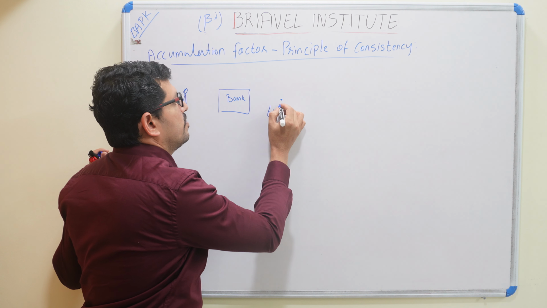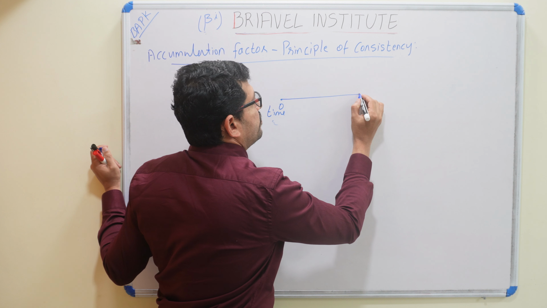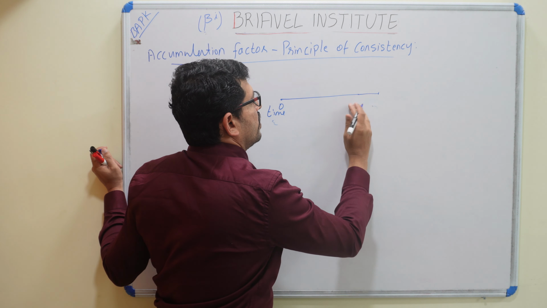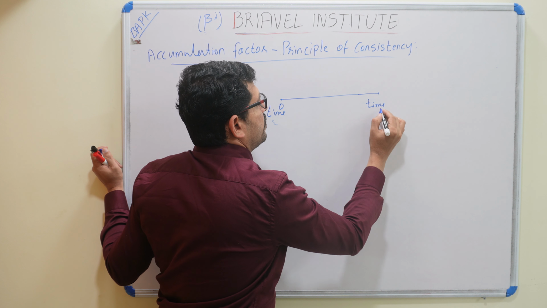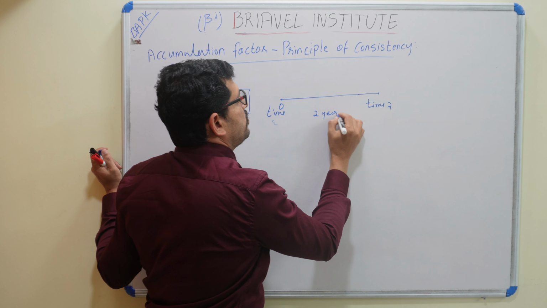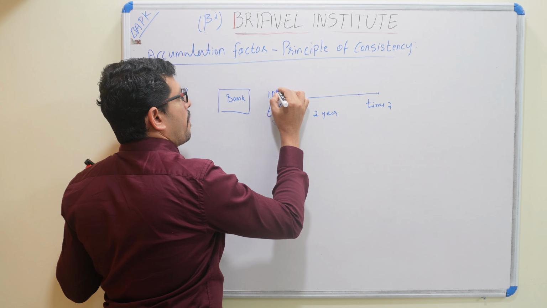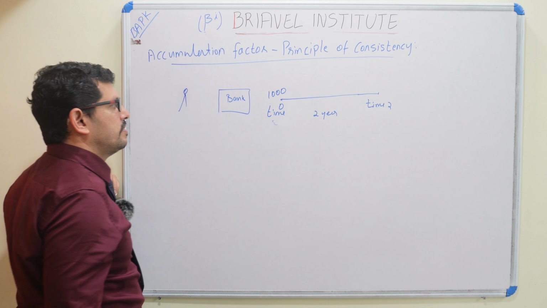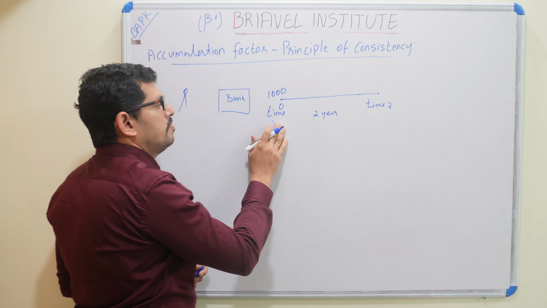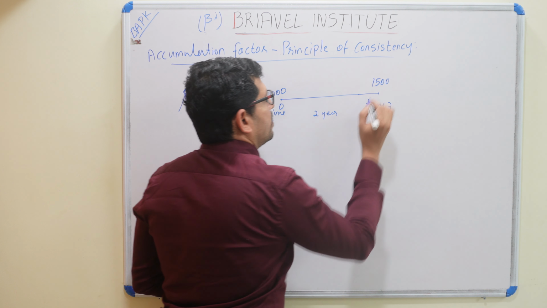He invested the fund at time 0, for a period of 2 years. He invested $1,000 in the bank at time 0. After 2 years, his fund has become $1,500.